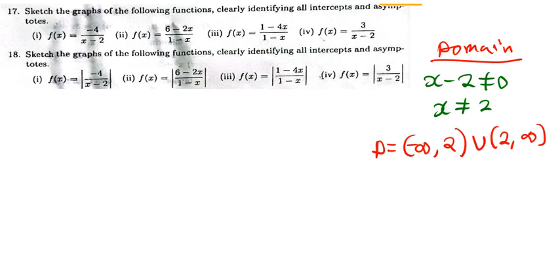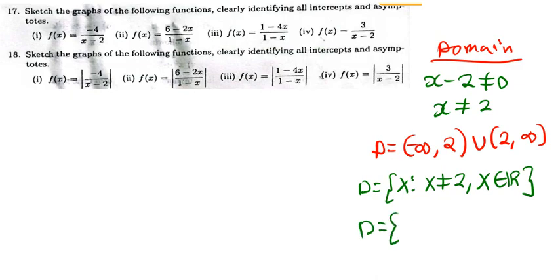If you're not okay with this, you can also use set builder notation, where you say the domain will be x such that x is not equal to 2, comma, but x should be a member of all real numbers. In some other books, they are going to tell you that it can be written as x such that x a member of all real numbers, comma, x is not equal to 2.